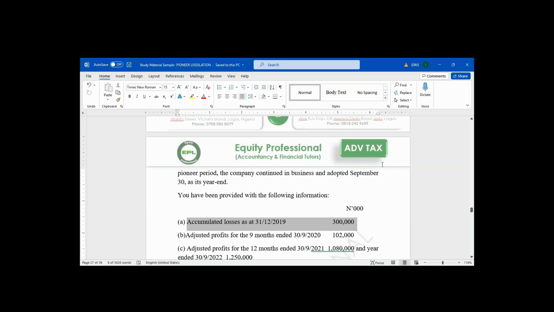The loss must be certified by who? FIRS. That means you must write FIRS that you made a loss during the pioneer period, and FIRS must certify the losses. They must give you a certificate of loss before you can claim it against post-pioneer profits.